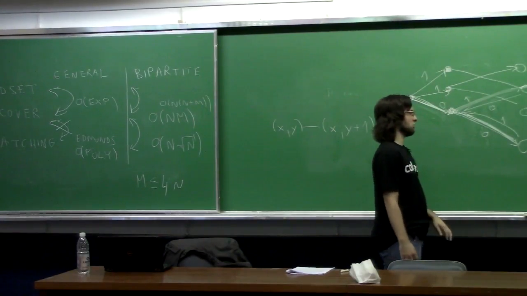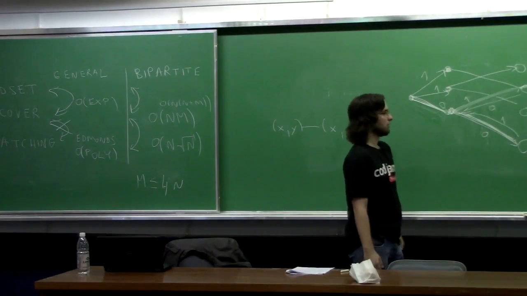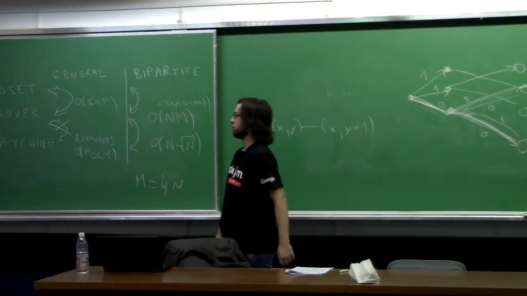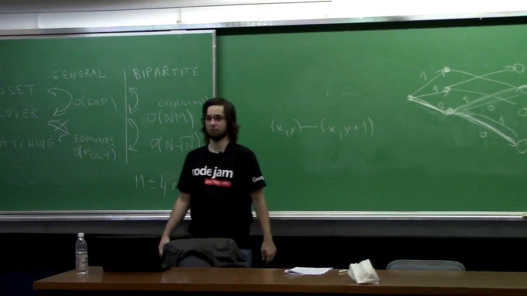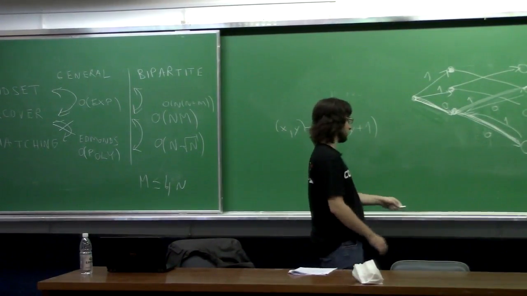And in some other iterations it's okay, we could have spent some more time. But if there are very few of these iterations, then it doesn't matter if we spend O(n plus m) time in each of them.